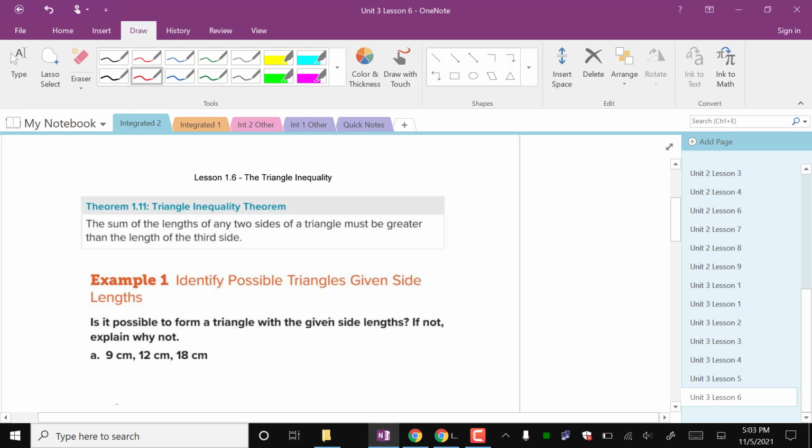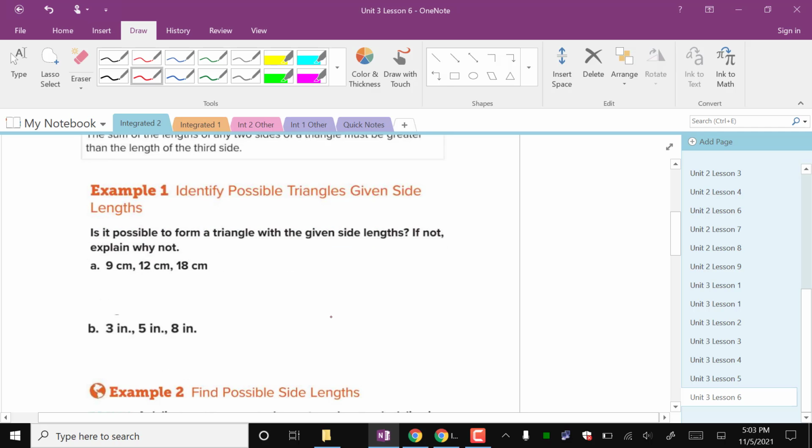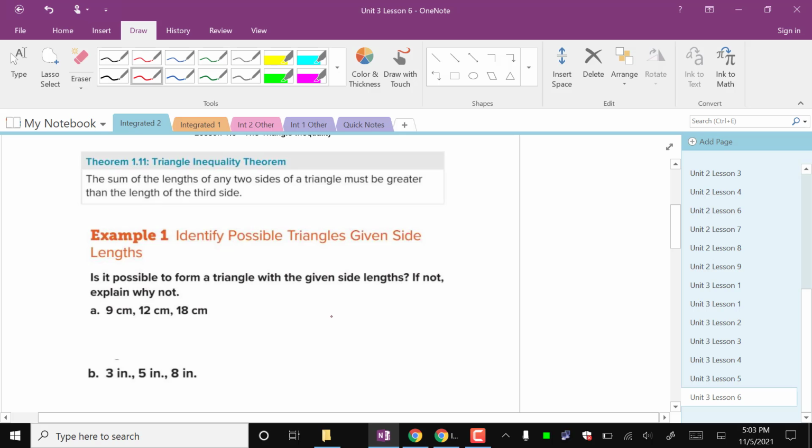It says identify possible triangles given side lengths. So is it possible to form a triangle with the given side lengths? If not, explain why not. So I have 9, 12, and 18 here. If I add 9 plus 12, that's going to give me a sum that's greater than the third side length, 18.